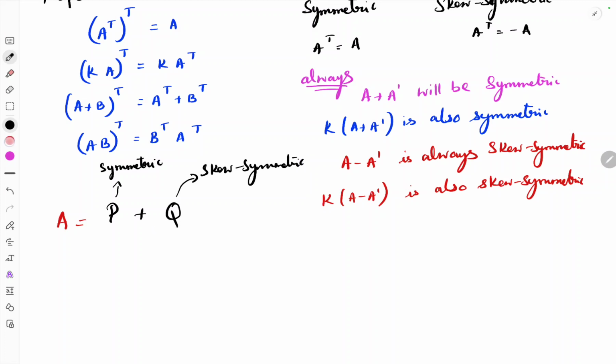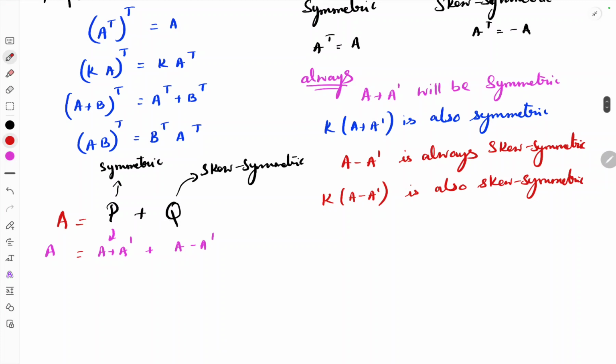So if I write this matrix P as just A plus A transpose and matrix Q as A minus A transpose, LHS is not equal to RHS. Suppose if you simplify this, A transpose and negative of A transpose will get cancelled. So A will be equal to 2A. So this is not possible. So only we have to divide by 2 here.